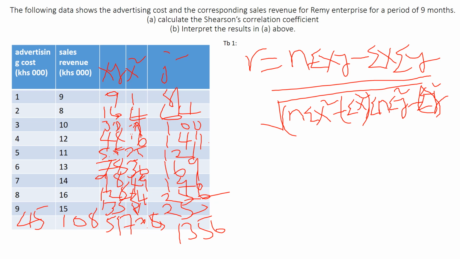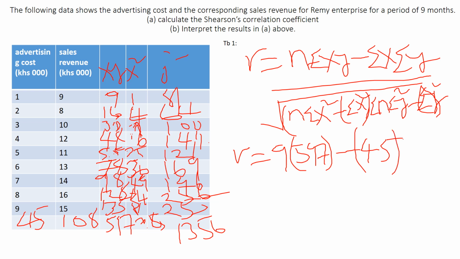We can plug them into our formula so that we can get our r. The total number of observations, that is our n, is equal to 9. So we have n equal to 9, and then the total of xy, 597, is multiplied by 9, and then we minus the summation of x, which is 45, multiplied by 108.